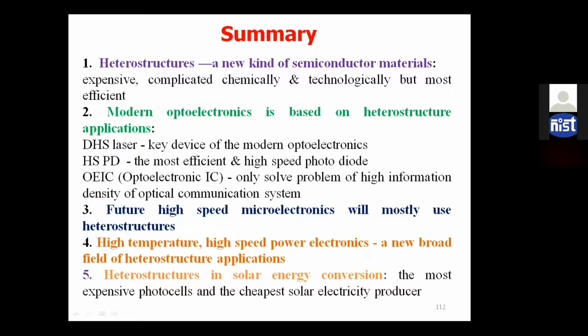Then we discussed the heterostructure, which is a new kind of semiconductor material. It is very expensive, complicated chemically and technologically, but the most efficient one is the heterostructure.